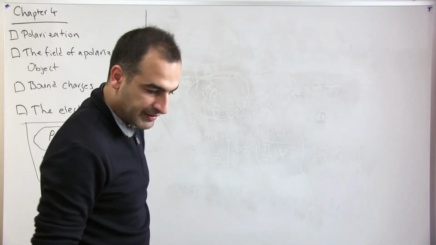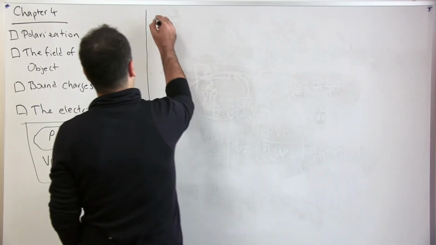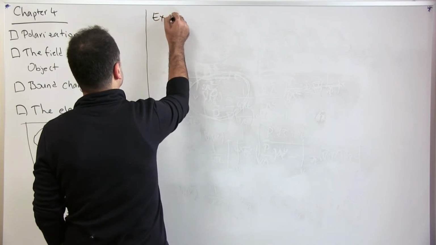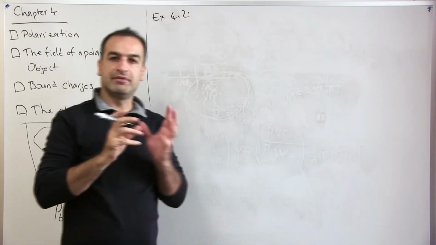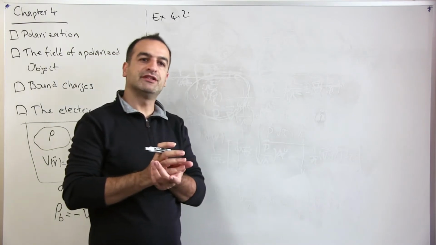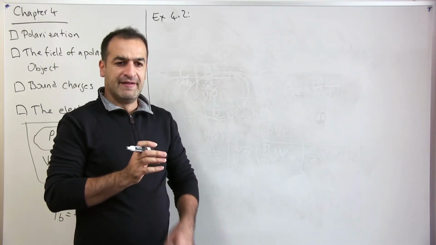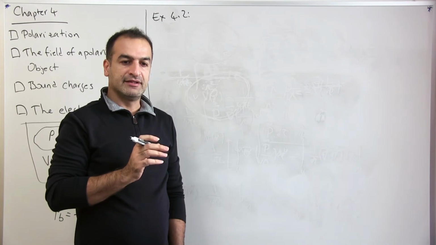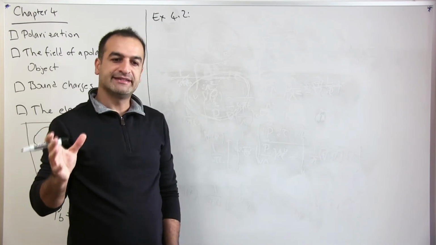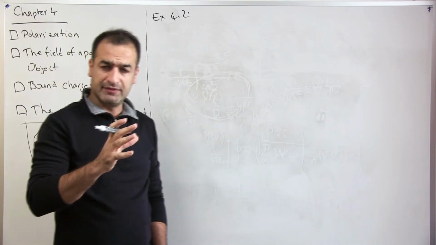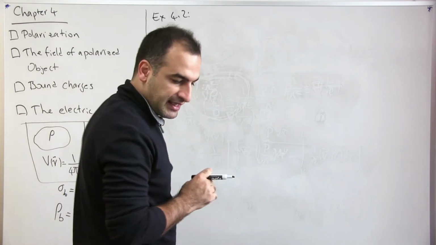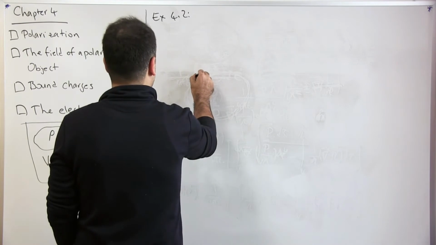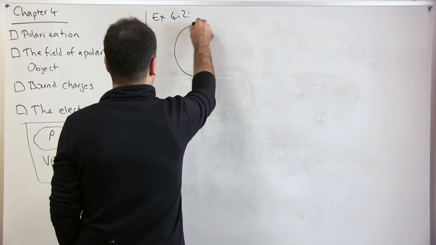Just to give you one example, I'm going to do example 4.2. This is a system where we have polarization, but from the polarization we want to find the surface and volume charges and relate that to one of the examples that we did previously. Example 4.2 says that we have a sphere which carries uniform.